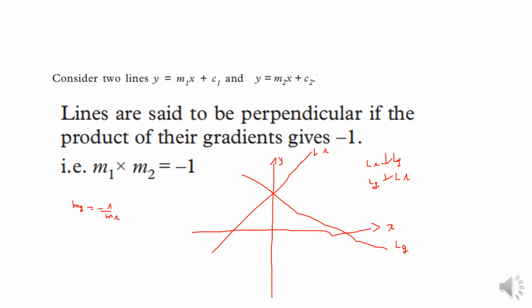The essential thing you have to know here is that two lines are perpendicular if the product of their gradients is equal to -1. If gradient 1 times gradient 2 is equal to -1, we conclude that the lines are perpendicular, or the lines are orthogonal.